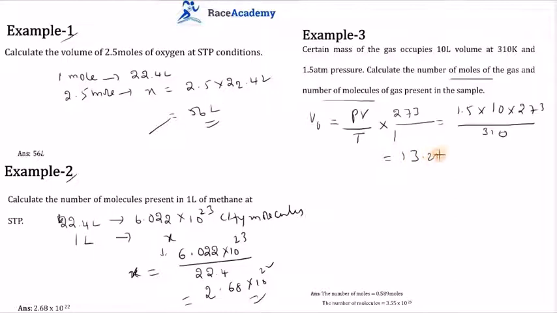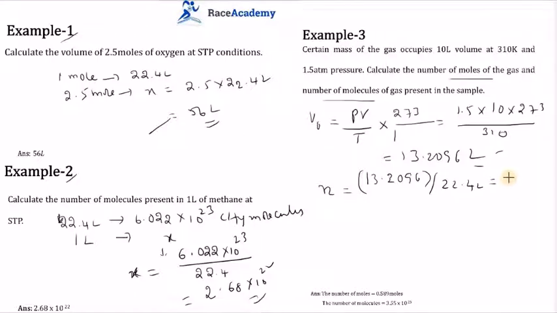So 13.2096 liters is the volume of the gas in the problem. When you want to find the number of moles, the volume given in the problem is 13.2096 divided by 22.4 liters. Then you can easily get the answer for the number of moles.